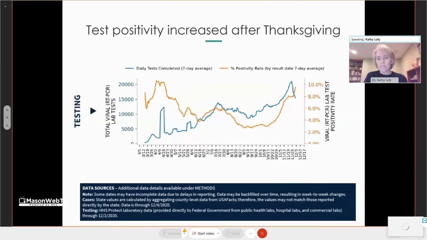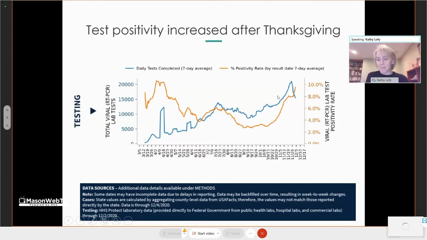Hospitals and commercial labs that are testing people in the state report directly to the federal government, and we can download the data. The blue line represents the daily total tests. It's a 7-day average, and you can see there was a big uptick in testing right before Thanksgiving.